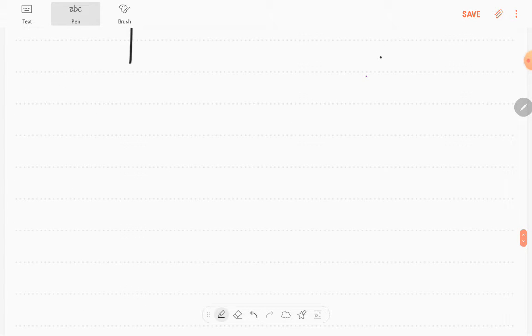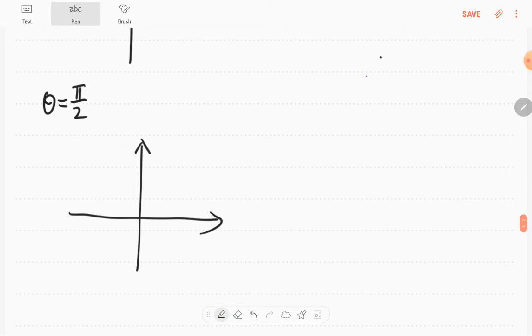If theta equals pi over 2, that means the terminal side is on the y-axis. This terminal side is here, right? So this is the right angle, theta equals pi over 2. Okay, so now let's look at sine pi over 2.